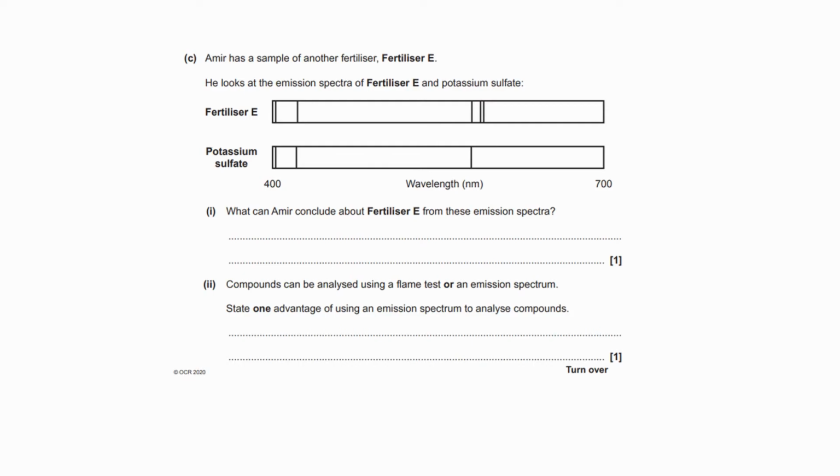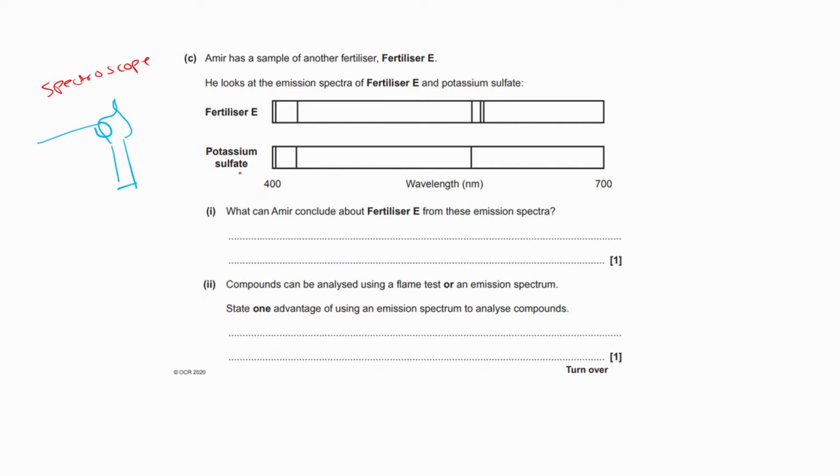Next question. Amir has a sample of another fertilizer, fertilizer E. He looks at the emission spectra of fertilizer E and potassium sulfate. So we've got the emission spectra, which shows the different wavelengths of light, for potassium sulfate. Emission spectra is the light given out by those compounds, and that light can be measured by a spectroscope and it gives out an emission spectra. That detects different wavelengths of light, and different metal compounds in a sample give out spectra with lines at different points, because they have different wavelengths of light.